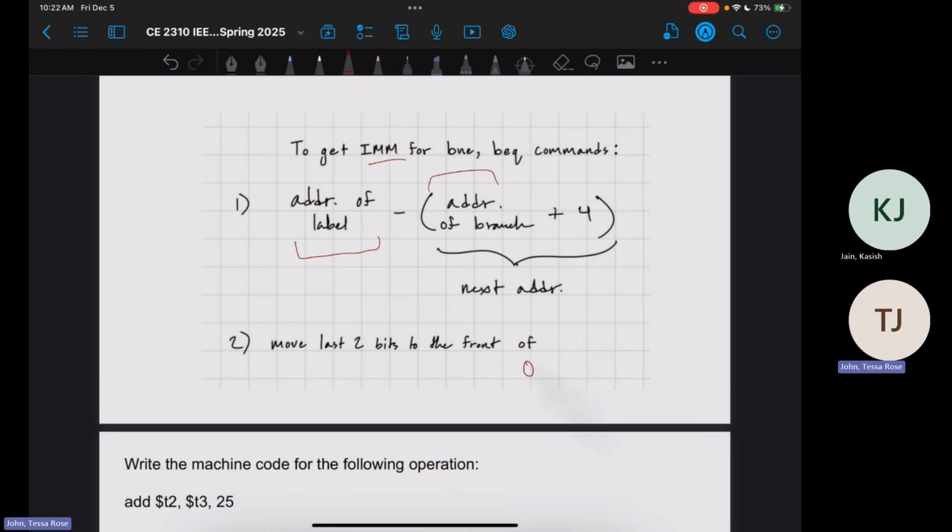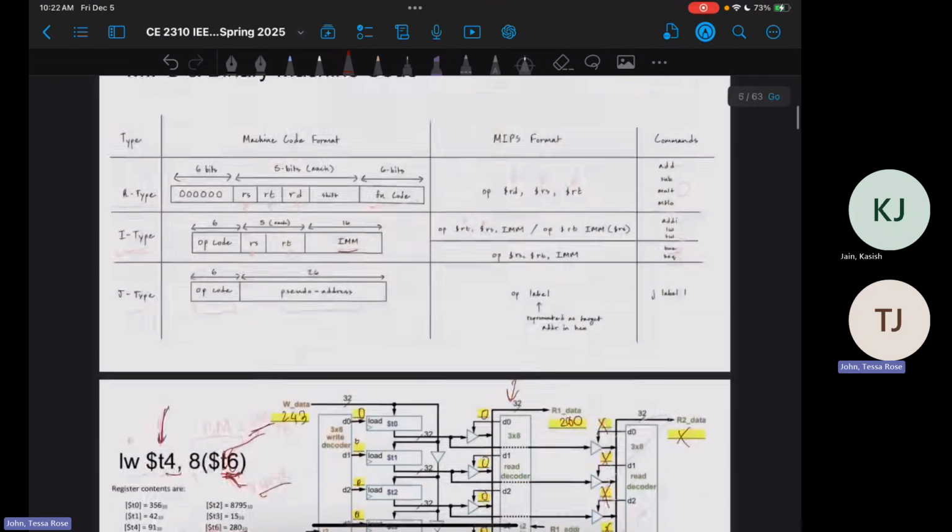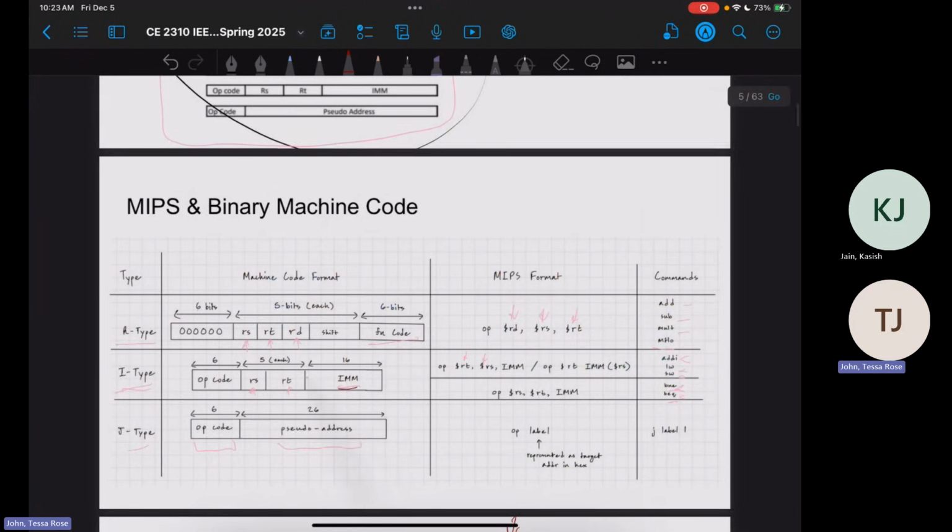And it would always end with 0, 0, because it would be a multiple of 4. Does that make sense? So you would just remove these last 2 bits. It would usually be 1, 1, or whatever the numbers are here, right? I'm talking about the 16-bit code from this part.